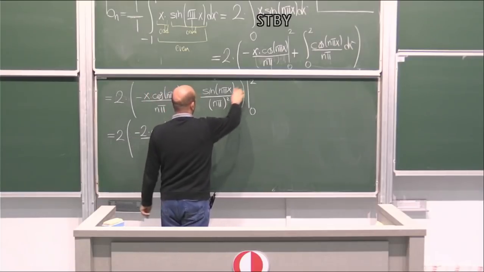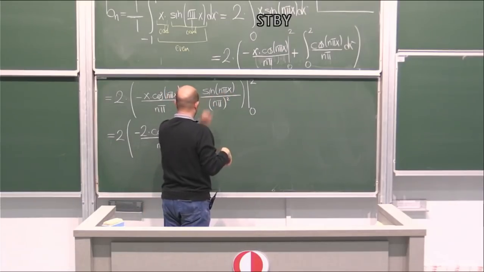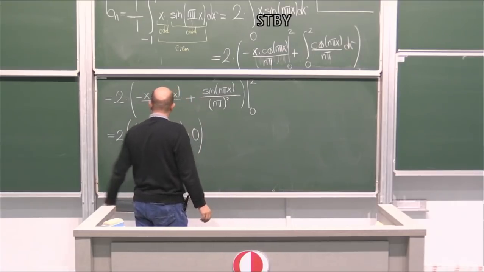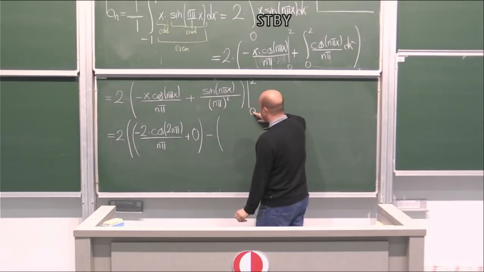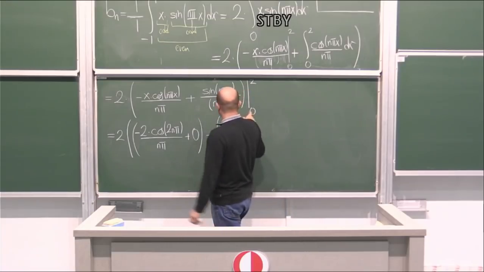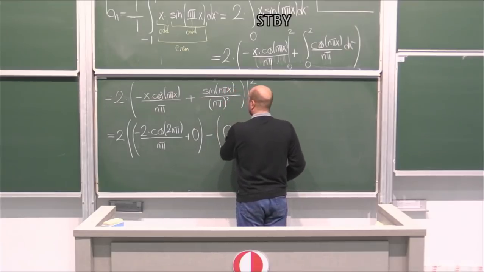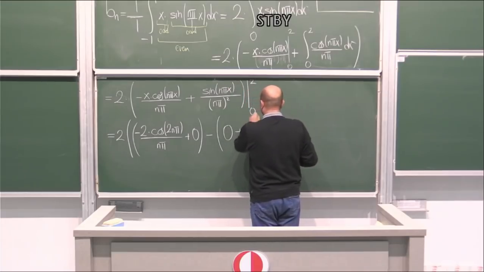For the sine term, 2 n pi is a multiple of 2 pi, so sine is 0. Now we evaluate at 0: x is 0 so that term is 0, and sine 0 is 0.